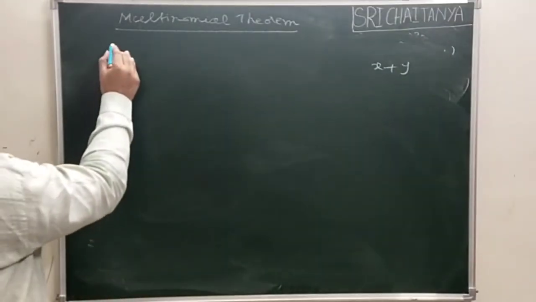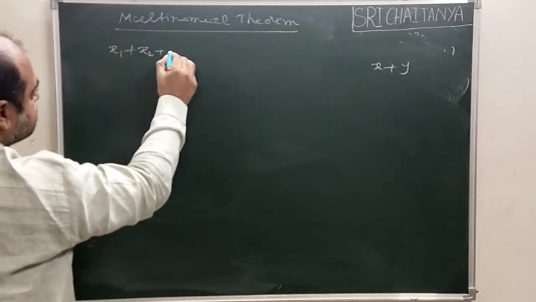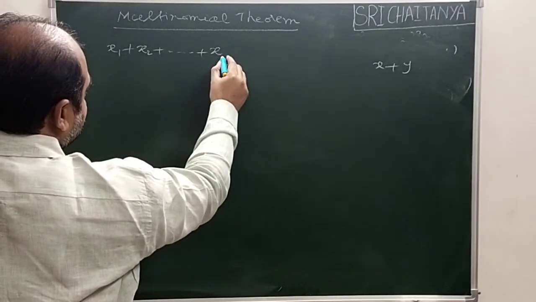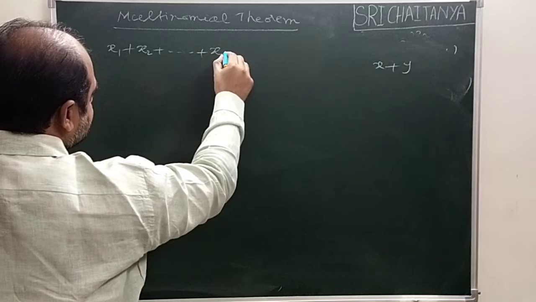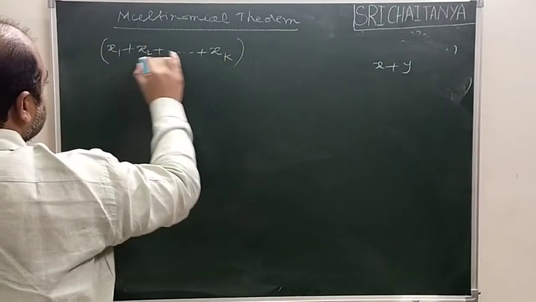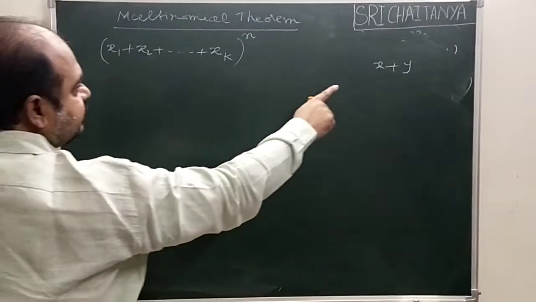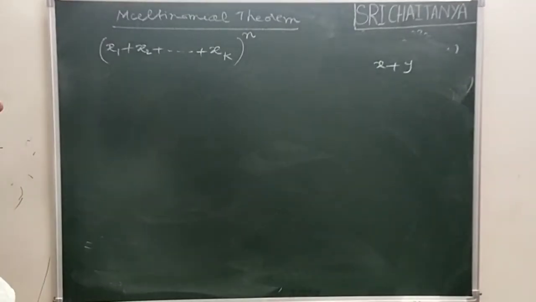Multinomial means, let us say x1 plus x2 and so on, let us say k variables, to the power n. So if there are more than 2 terms, we will use this theorem. This is not in the syllabus actually, but applications will be there.